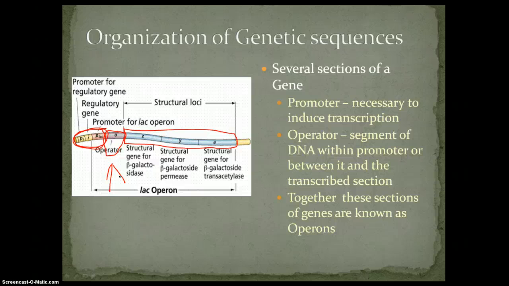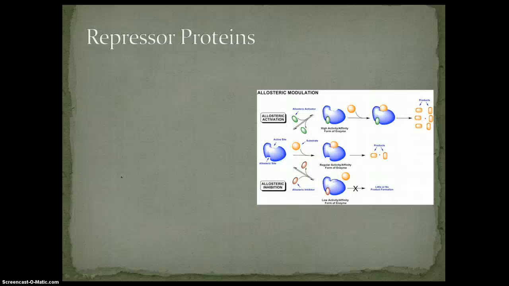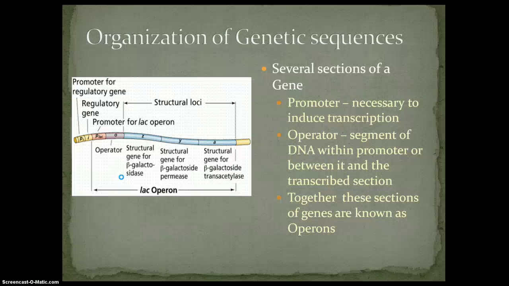And the operator is something that we can use to stop the process of transcription, turn it off or even turn it on. Oops, forgot something. The operator and promoter together are known as the operon. That's where that comes from.